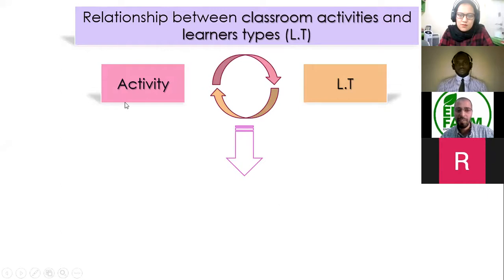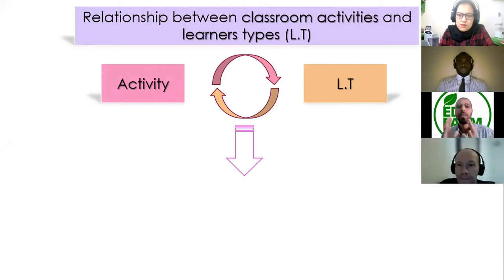The activities reflect the learner types, and the learner type describes the activity. We don't need to use one without the other; they combine together to give a lesson.